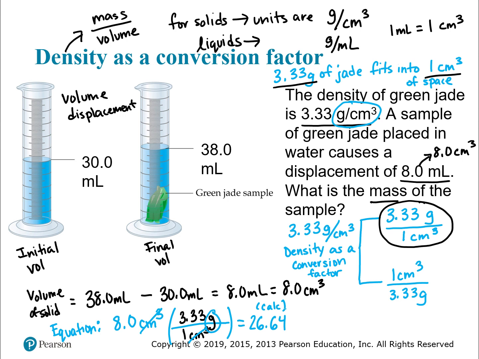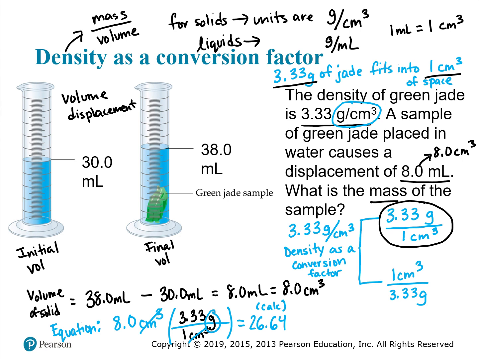But we can't have that many significant figures. How many sig figs can we have? Two. We can only have 2 sig figs.